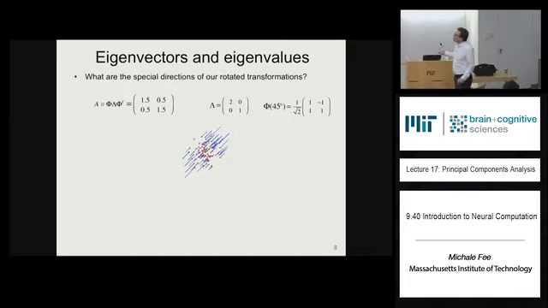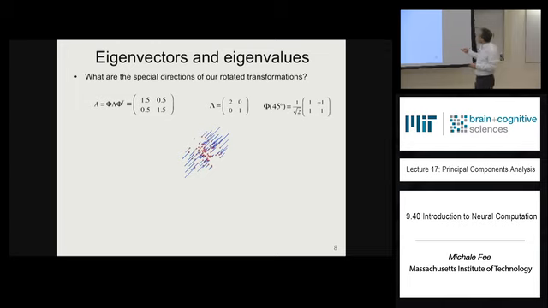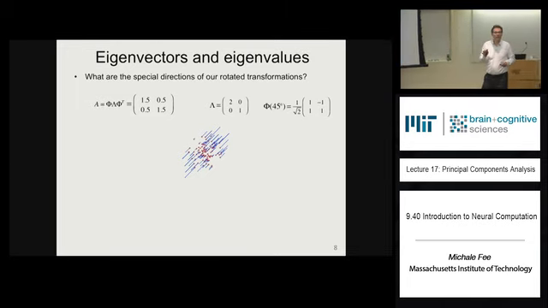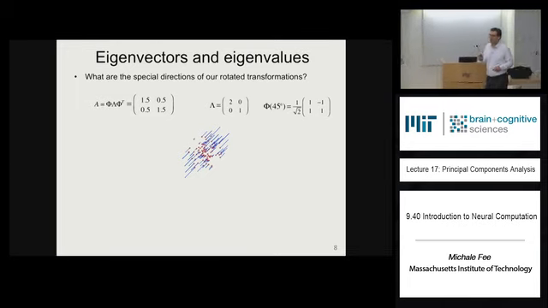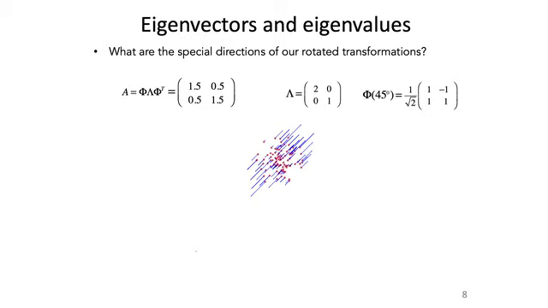Okay, so now let's take a look at a matrix that's a little more complicated than our diagonal matrix. Let's take one of these rotated stretch matrices. Remember, in the last class we built a matrix like this that produces a stretch by a factor of 2 along a 45-degree axis.